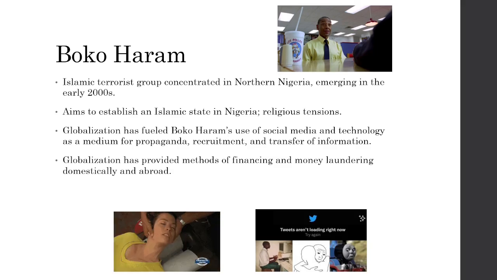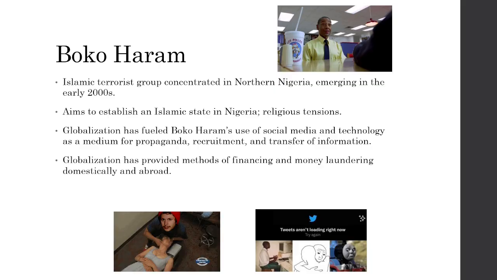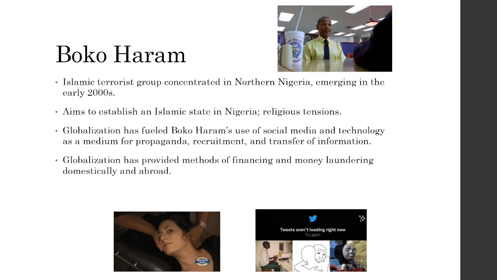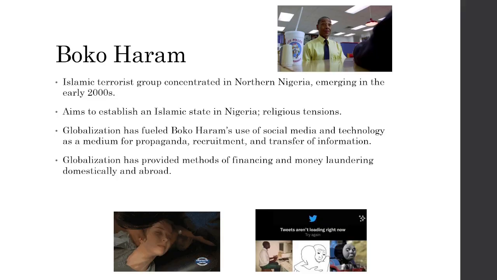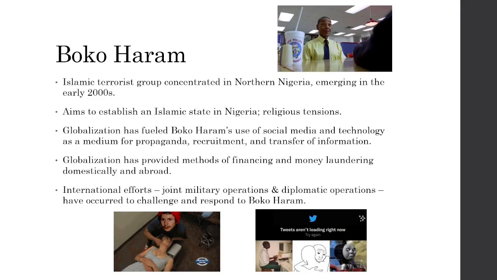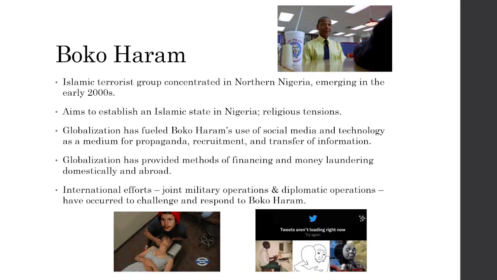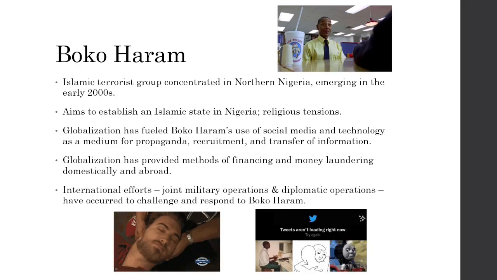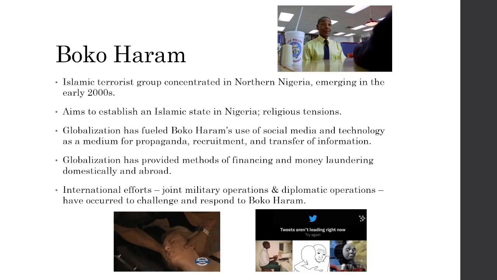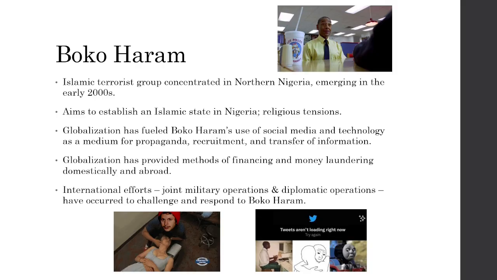And they've also used money laundering domestically and abroad using the internet. So they're kind of using the internet for disadvantages to others. And there's been international efforts, not just in Nigeria, but internationally, through joint military operations and diplomatic operations to challenge and respond and inevitably shut down Boko Haram and their terrorism.